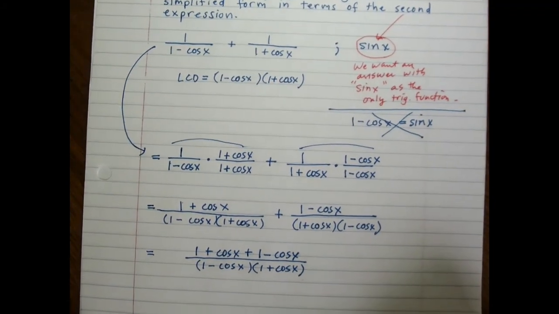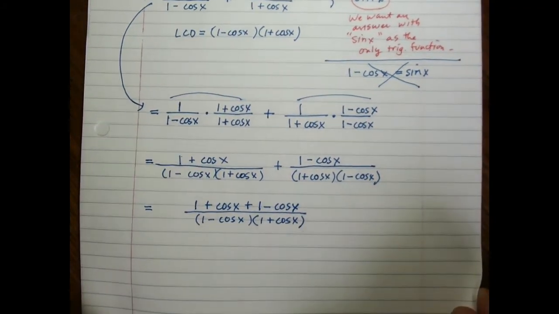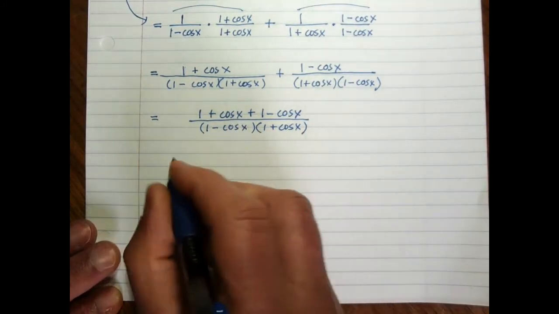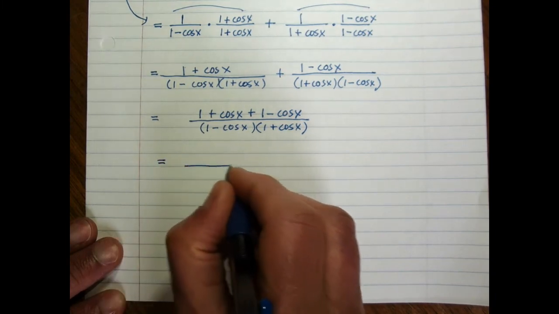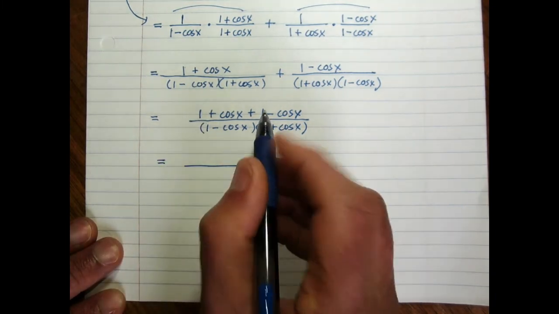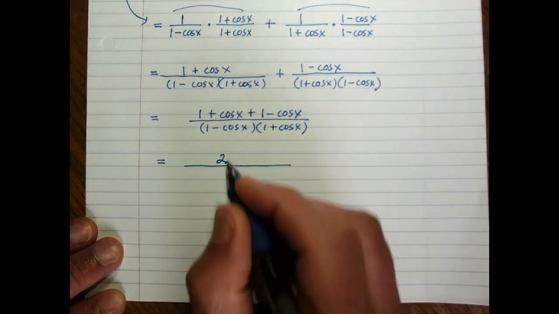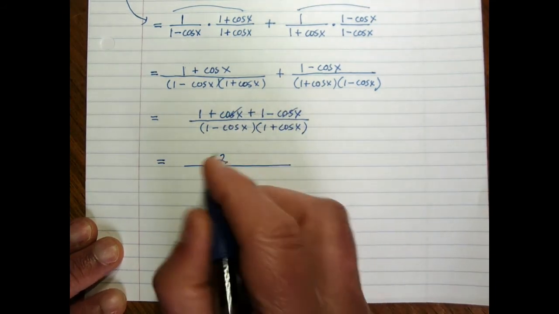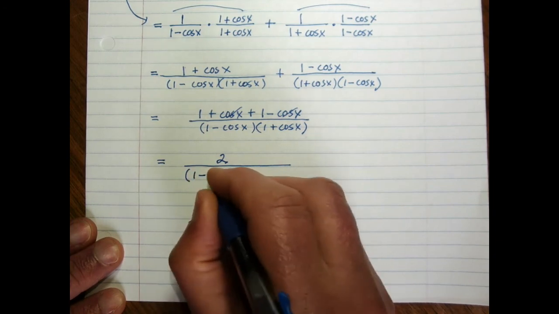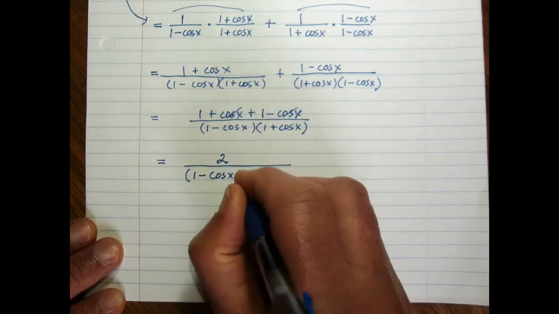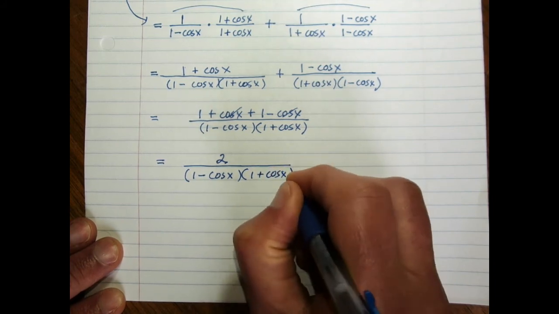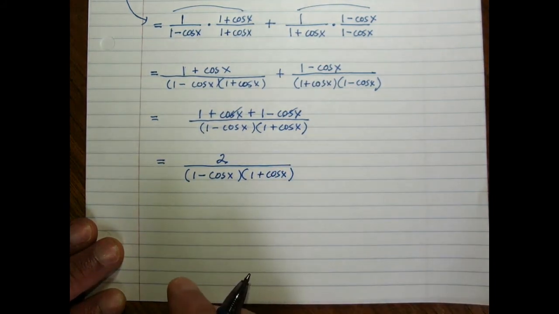So I've combined the original two fractions into a single fraction, and I can combine like terms in the numerator. 1 plus 1 is 2. Cosine x minus cosine x adds up to 0. They're gone. But I still have that 1 minus cosine x, 1 plus cosine x denominator.